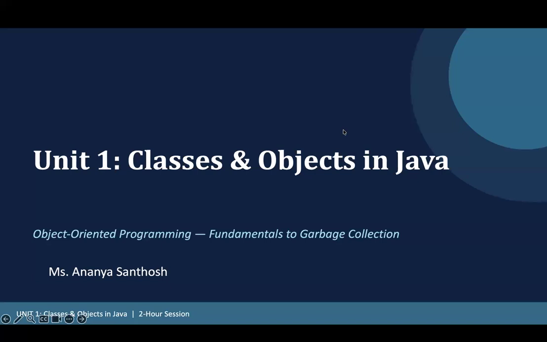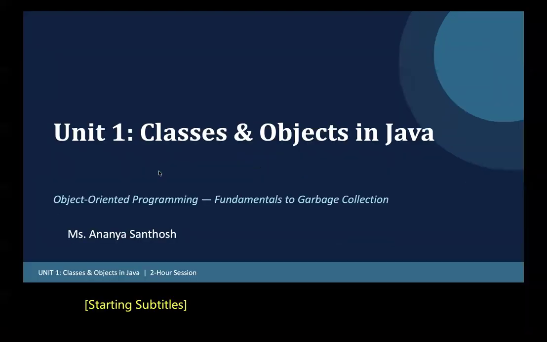While that works for smaller programs, it becomes difficult to manage as programs grow larger. In this unit, we will learn a better way of designing programs using object-oriented programming. Object-oriented programming helps us organize our code, make it easier to understand, and reuse it in different applications.